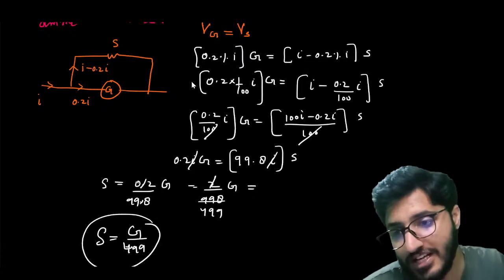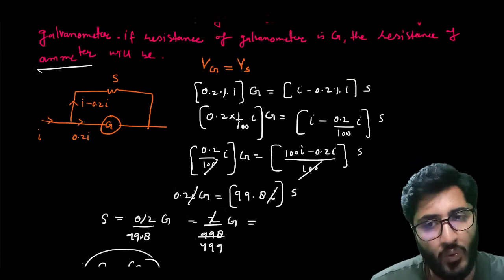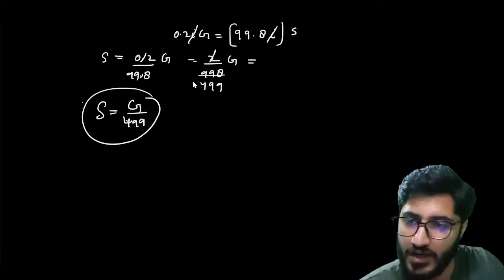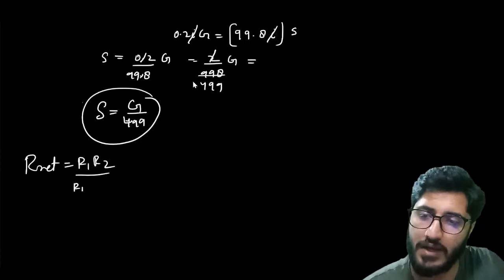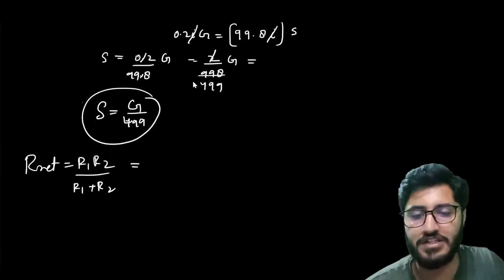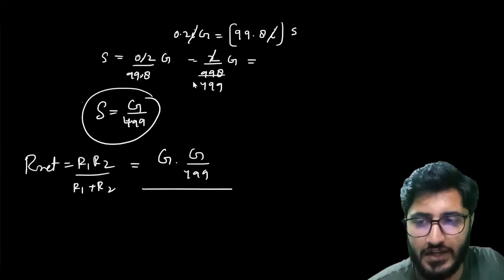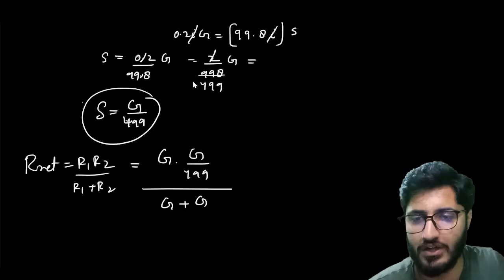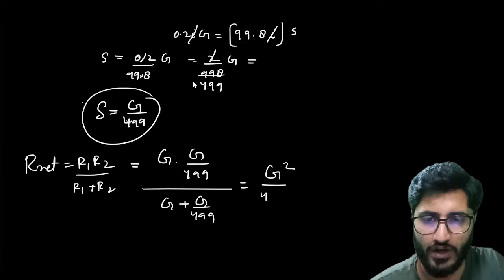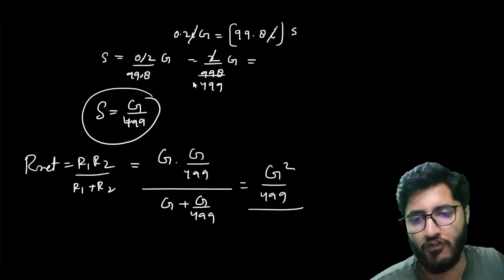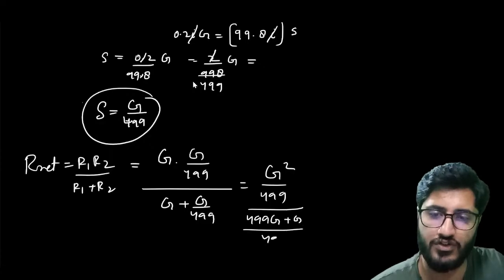Look, this is the resistance of the shunt now, but I need to find the resistance of the ammeter. What is the resistance of the ammeter? R net is equal to R1 R2 divided by R1 plus R2. R1 is G, R2 is G divided by 499. So it will be G square by 499 divided by G plus G divided by 499, which is 499G plus G over 499.